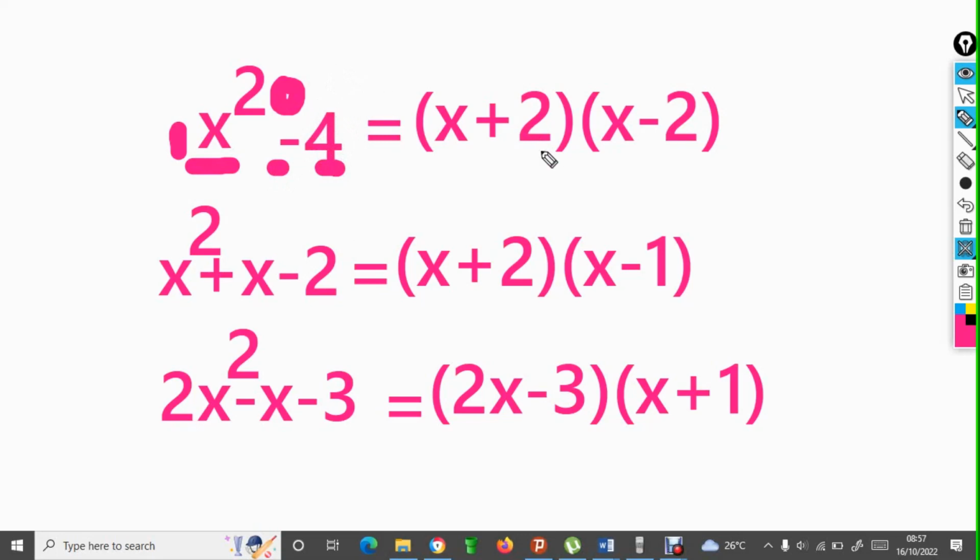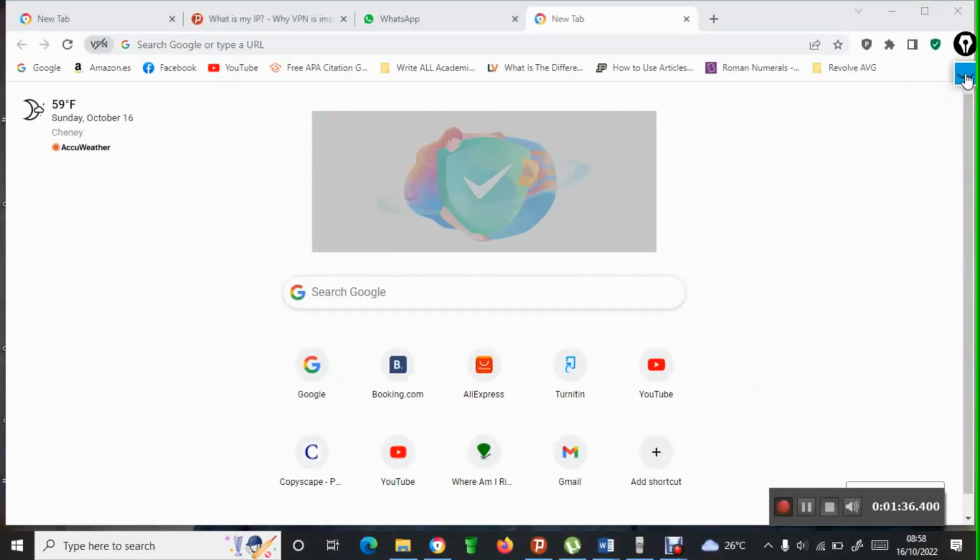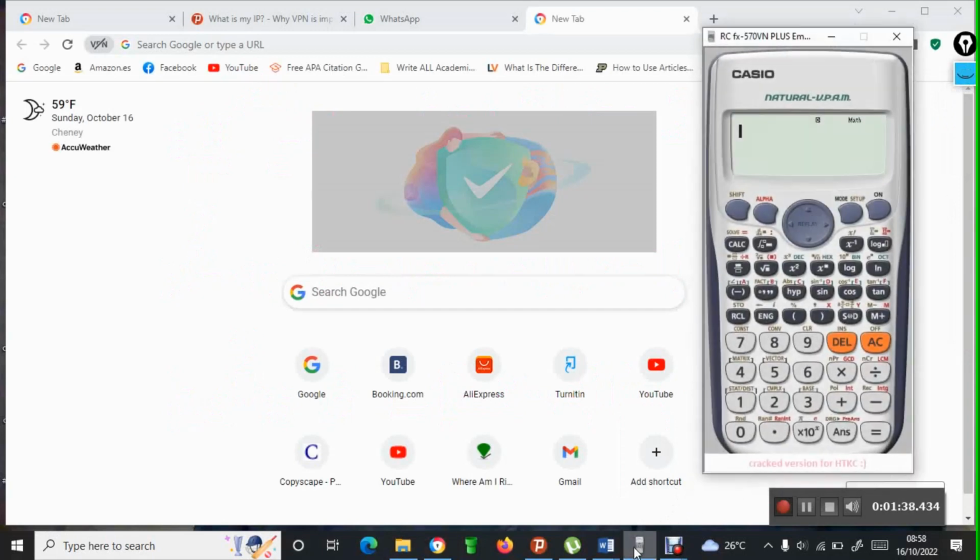When you are to use this calculator, you take out your calculator, go to MODE, and go to 5 equations. If it is a quadratic equation, we use 3, and if it is a cubic equation, you use 4.